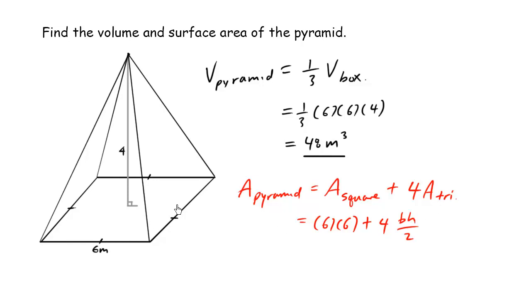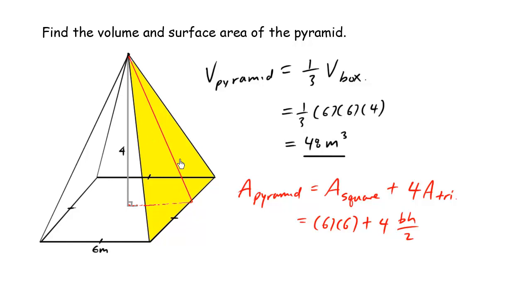Now this is the tricky part. You need to focus on what is your base and your height. The triangle we need to focus on is here. So let's focus on this yellow triangle. Focusing on this yellow triangle, we can see this is a right angle triangle, so we can use the Pythagorean theorem.